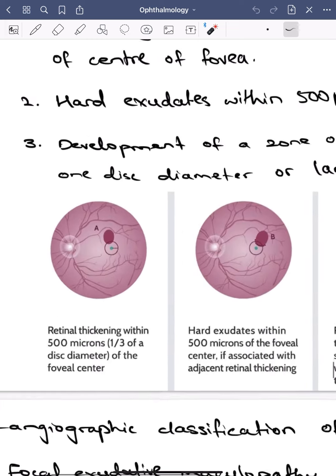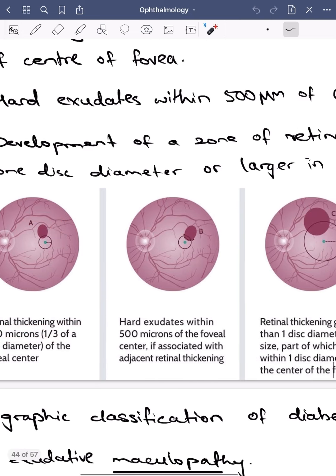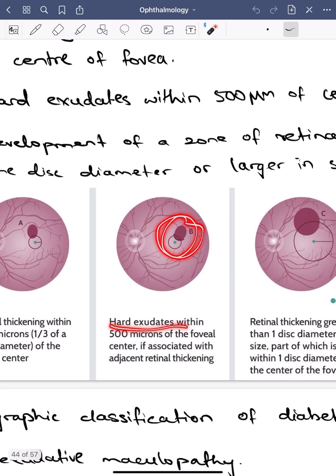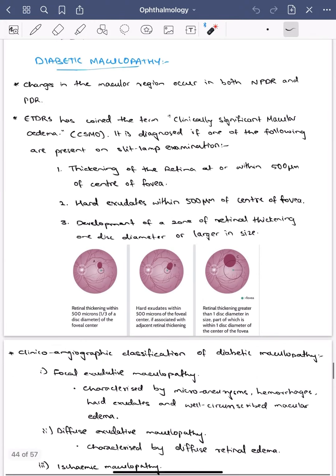So you can see the first is retinal thickening within 500 microns, the second is hard exudates within 500 microns of the center of fovea, and the third is retinal thickening 1 disc diameter in size, part of which is within 1 disc diameter of the center of fovea. So you can see in this diagram, this is greater than 1 disc diameter in size, and a part of it is within the 1 disc diameter of the center of fovea. So these are the features of CSME, clinically significant macular edema.